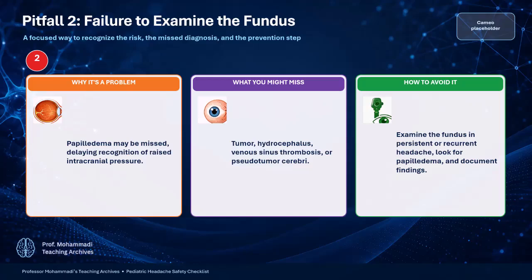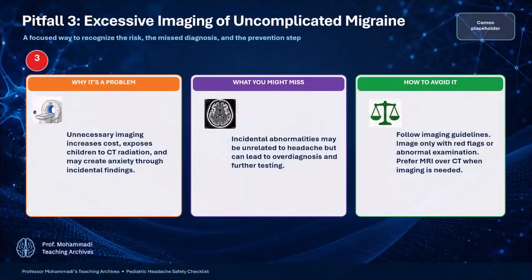The next pitfall is the opposite problem: excessive imaging in children with uncomplicated migraine. Imaging can be very useful when red flags are present or the examination is abnormal. However, routine imaging for typical migraine with a normal neurological examination can cause harm. It may increase cost, expose children to radiation when CT is used, and create anxiety through incidental findings.